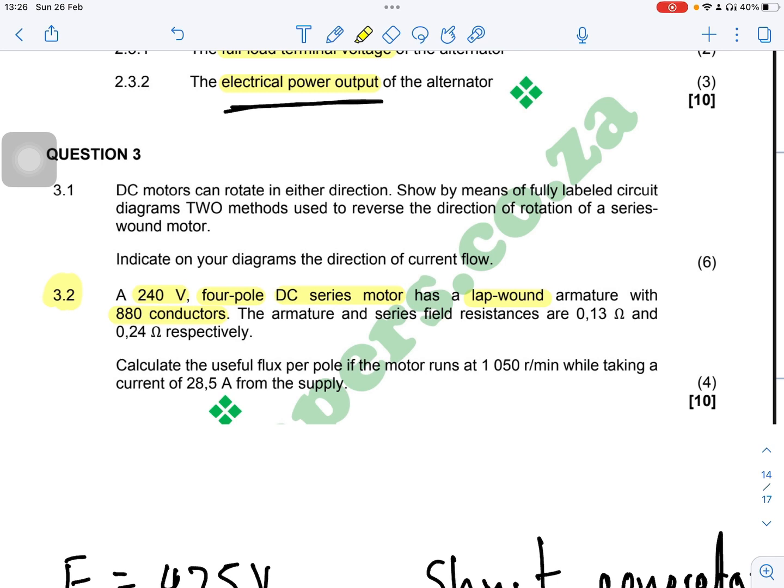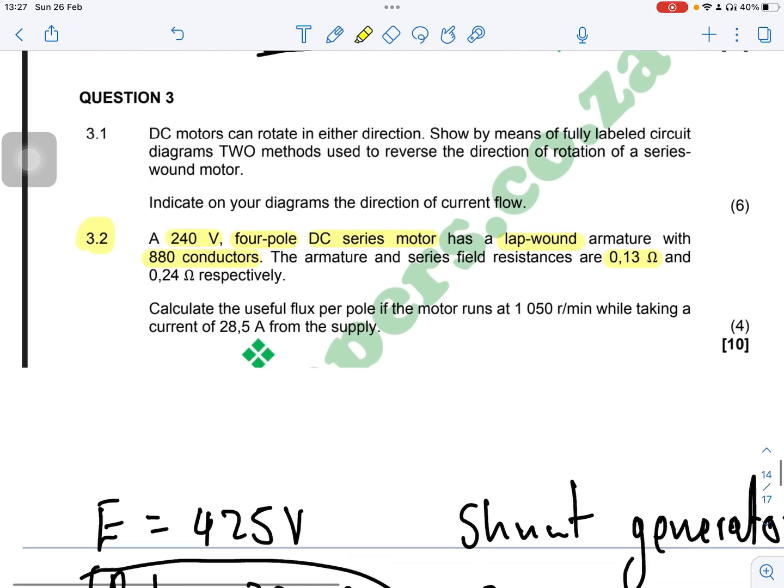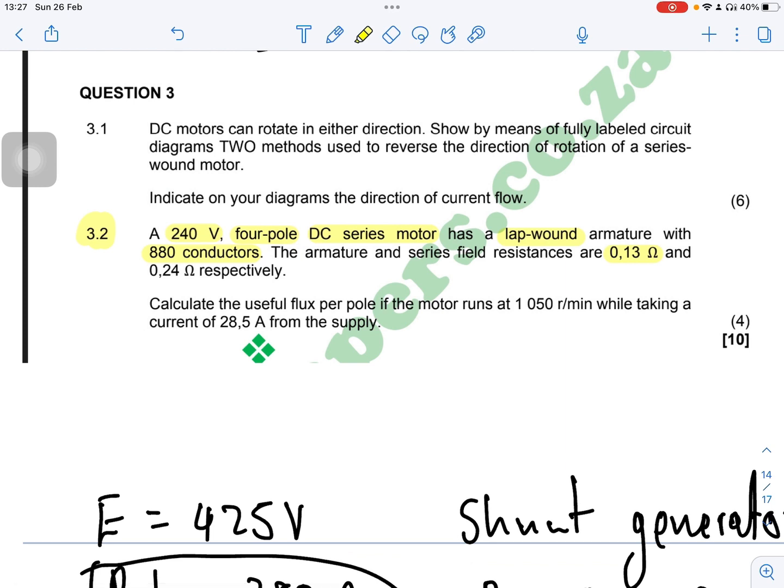We are given the armature resistance equals 0.13 ohms, and the series field resistance equals 0.24 ohms.